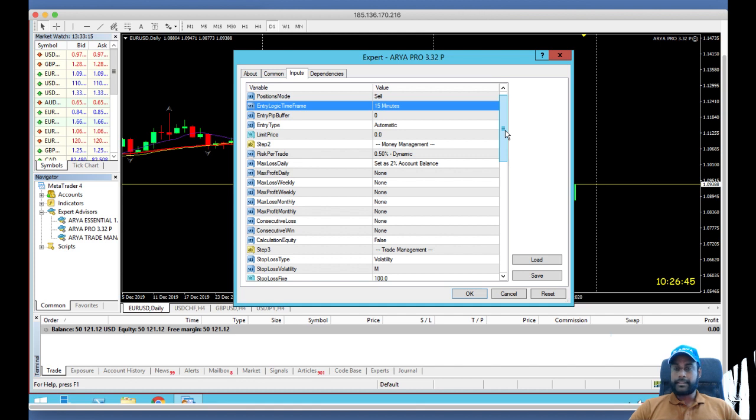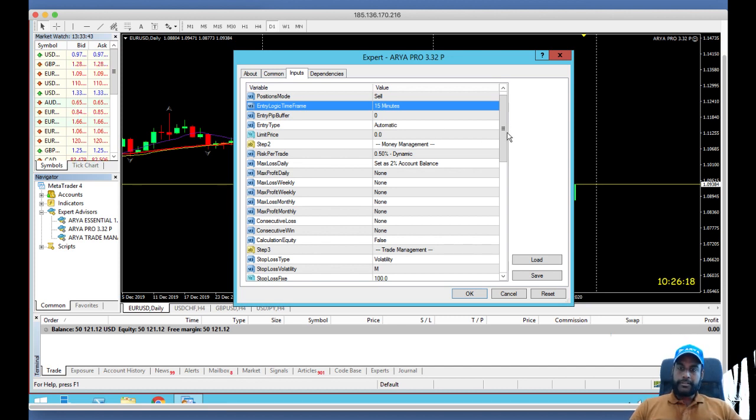You know that there are a lot of false signals on a 1 or 5 minutes time frame, but on a 15-minute time frame we have something that is clearer and also has more confirmation, more power. So if you have a signal on a 15 minutes time frame, usually it's okay. So for my swing template, I will use a 15 minutes entry logic time frame.